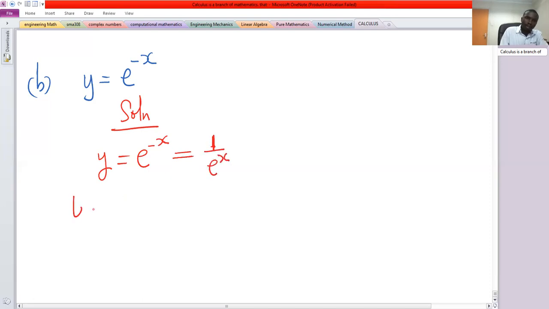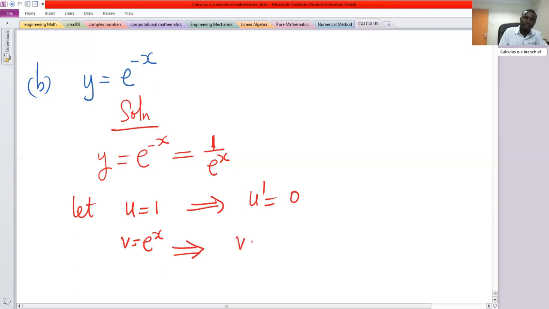So that now we let u to be 1 and v to be e raised power x. This means that u prime is 0, derivative of constant is 0, and v prime is e raised power x.